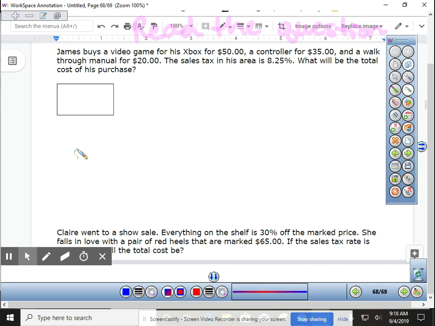Add them all up, and then after that, write a proportion and find the sales tax. And after you've solved the proportion, what are you going to do with the sales tax? Add it back to this total. Good. That is called making a plan. That right there will solve all your problems.